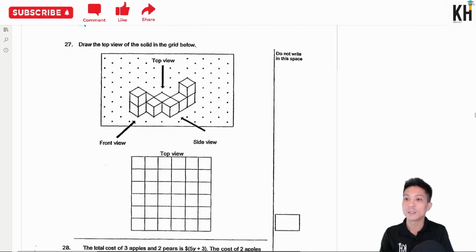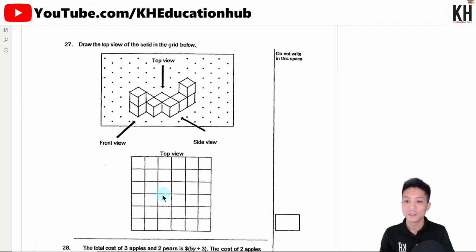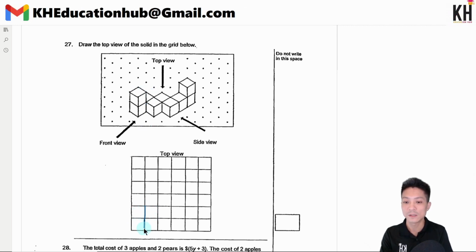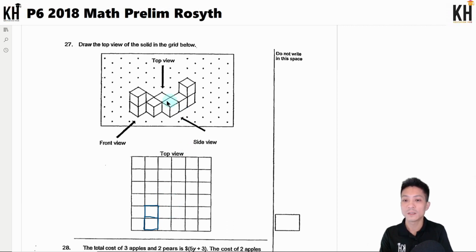Okay, question 27. Draw the top view of the solid in the grid below. Okay, I'm gonna start drawing from this part here, which will look something like this. Okay, and then now I'm gonna draw this part here. If I can shade along the way.